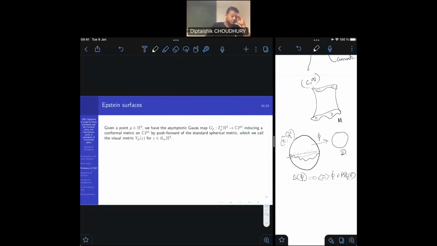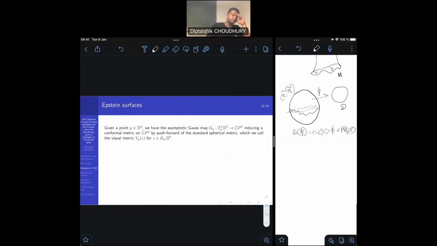So what is this? This is the Epstein surface. For defining the Epstein surface, we would like to define something first, which is the visual metric for a point at the boundary but seen from a point inside H3.